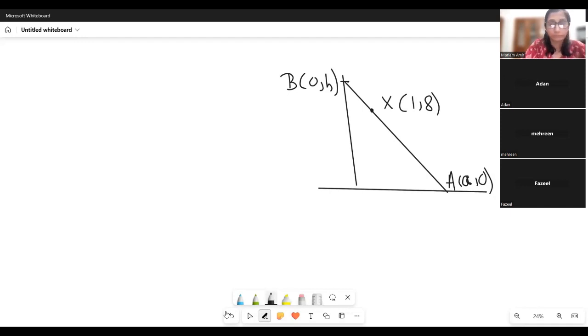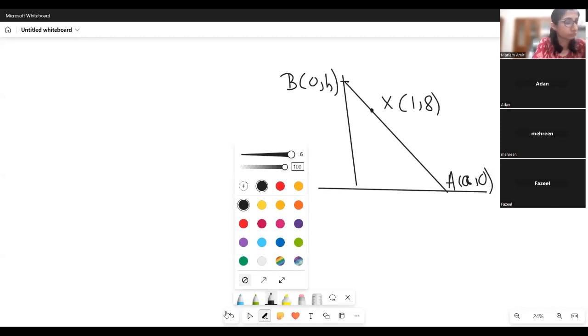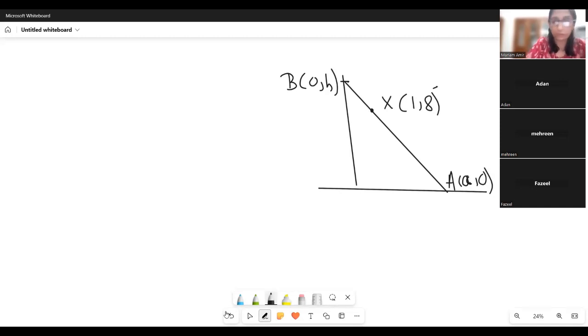All right. So the question is, in the figure, the line segment AB passes through the point 1 comma 8. This is visible in the figure itself. And it is also given theta here. So I'm not mentioning that from the question. They're mentioning the points, they're mentioning the angles.